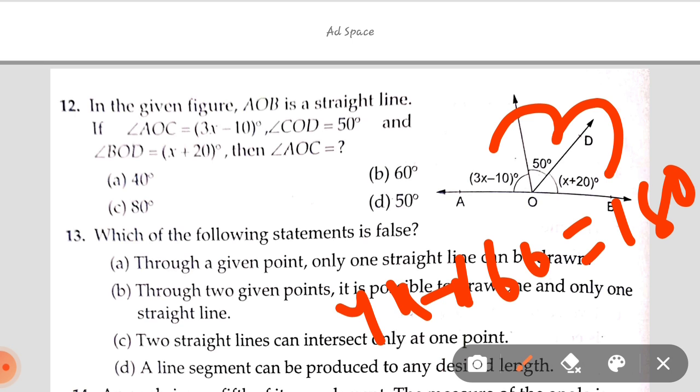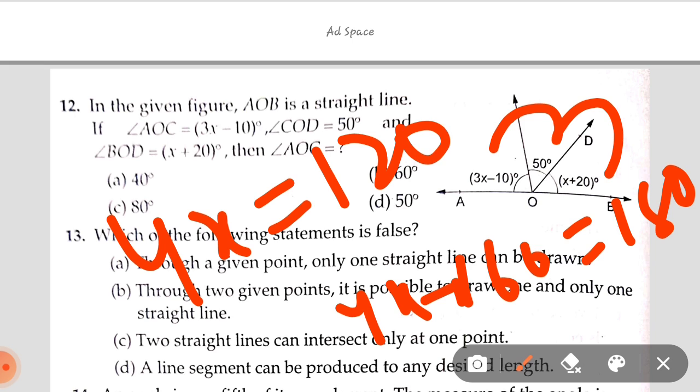Now 4x is equal to 120, because when 60 goes to the other side, then we subtract it. Then x is equal to 120 by 4, that is 30.